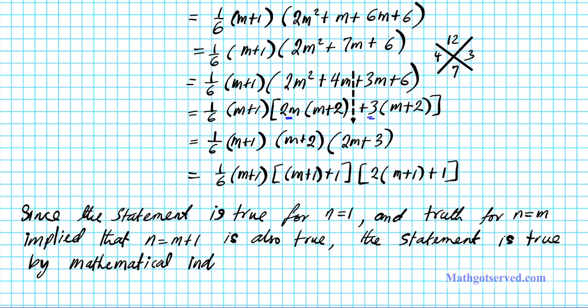All right? So that's that. You put down your box of accomplishments to indicate that you have concluded your proof.